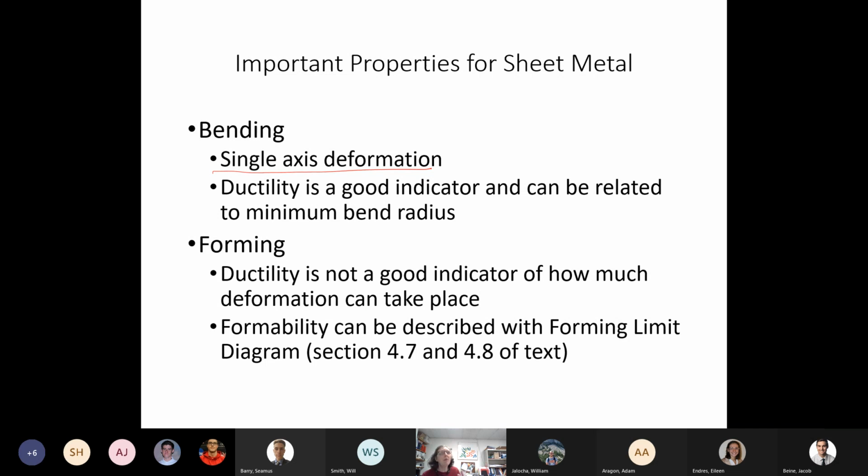Most of us would not be fond of seeing a visible neck in any of our components, and also wrinkling. What we see for bending is that straight ductility is a good indicator for how much bending you can do. We quantify the amount of bending by the minimum bend radius. And we'll look at a couple examples of that.